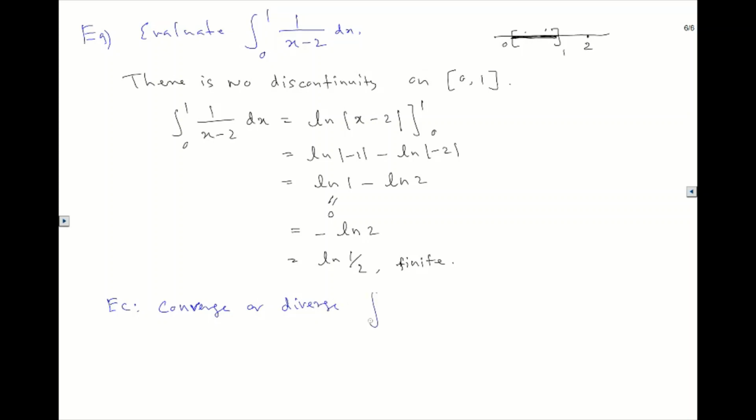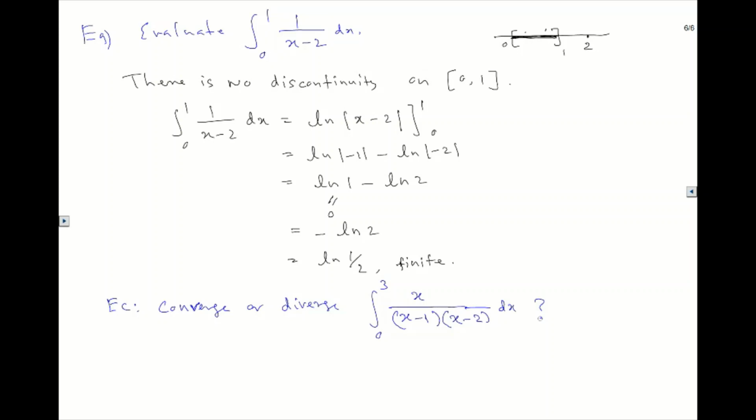So let's say the integral from 0 to 3 of x over (x minus 1)(x minus 2) dx. So you can do that just to practice how to do it.